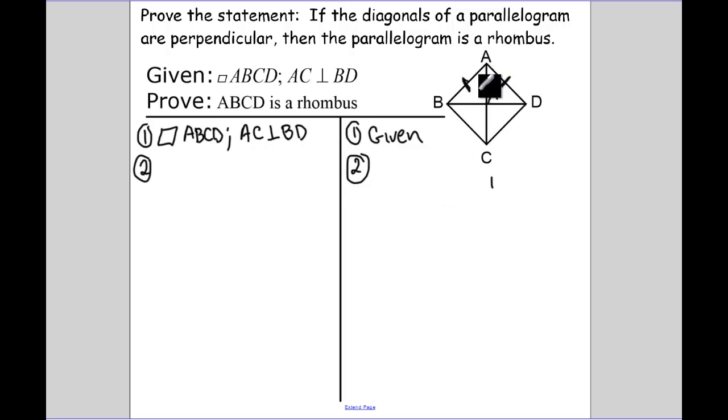So angle 1, and let me name this angle over here 2, are going to be right angles. So angle 1 equals 90, and angle 2 equals 90 by definition of perpendicular lines.